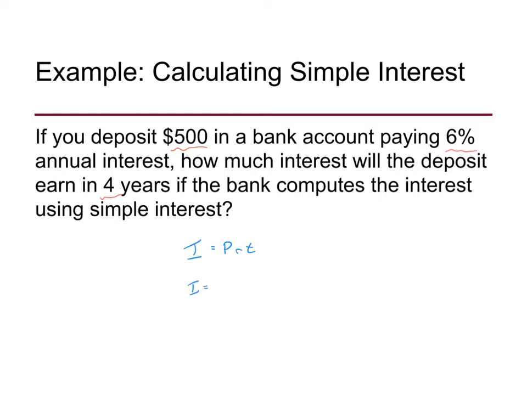So the interest is equal to the principal, that's the $500 that we deposited, times the rate, 6%, but I'm going to write that in decimal form, 0.06, times the time, which is 4 years, and that is equal to $120 over those 4 years that you will earn in interest.